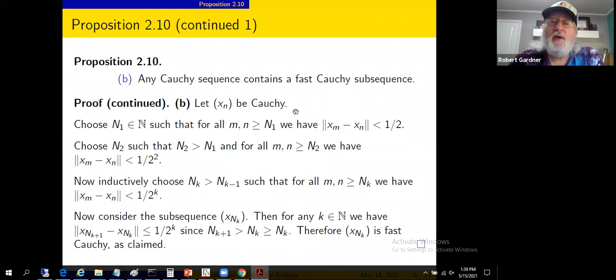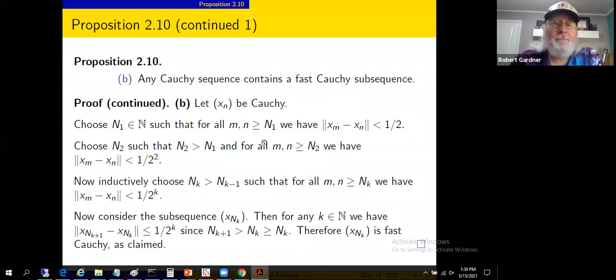Okay, take yourself a Cauchy sequence, x sub n. Choose n sub 1, a natural number, such that for all m and n greater than or equal to capital N sub 1, we have the norm of x sub m minus x sub n less than epsilon. Actually, let's take epsilon equal to 1/2. Hypothesis of Cauchy: for any epsilon greater than 0, like epsilon equals 1/2, there exists such a capital N sub 1.